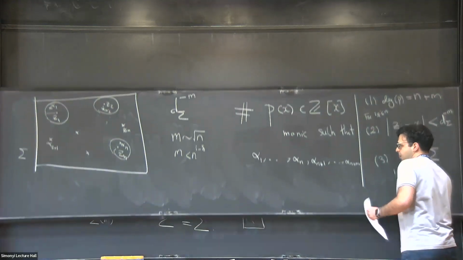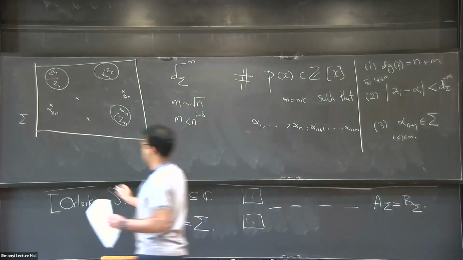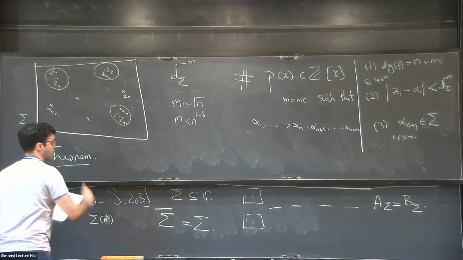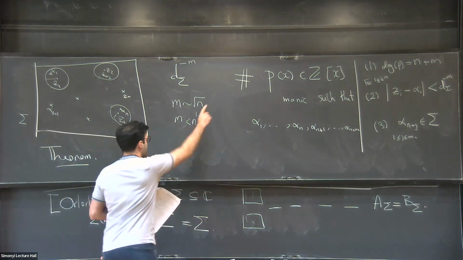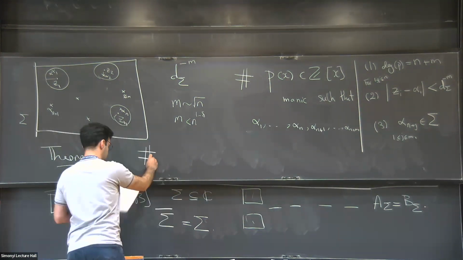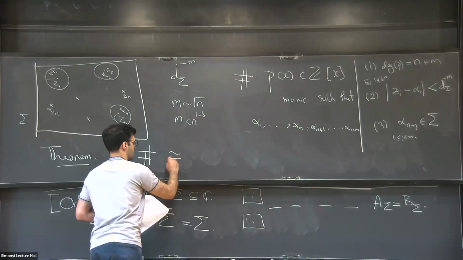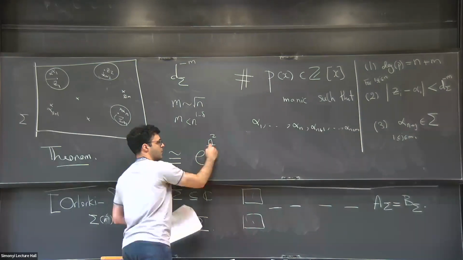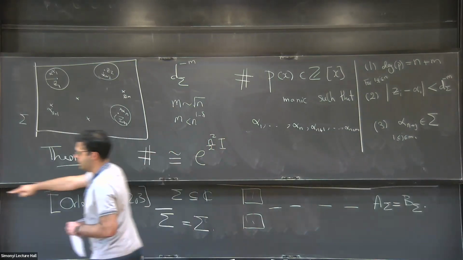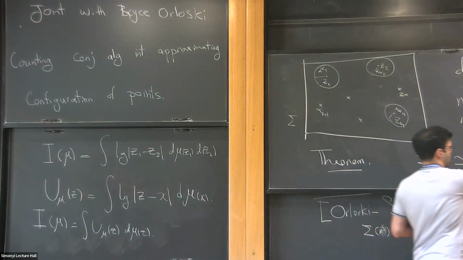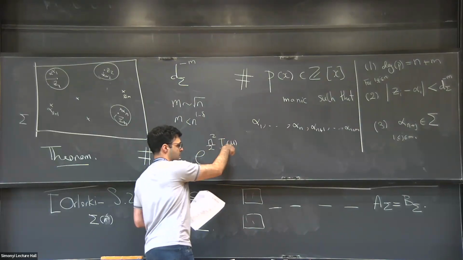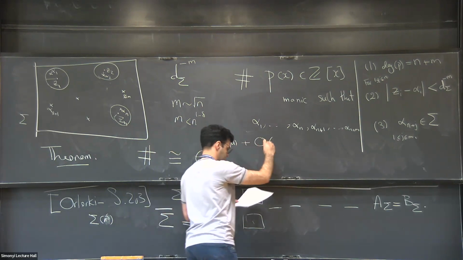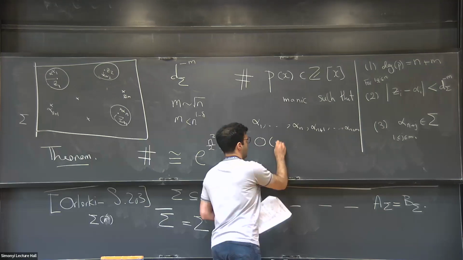So the main theorem is that this counting formula is asymptotically given by e to the n squared over 2 times this energy. Plus an error term which depends on m and n.